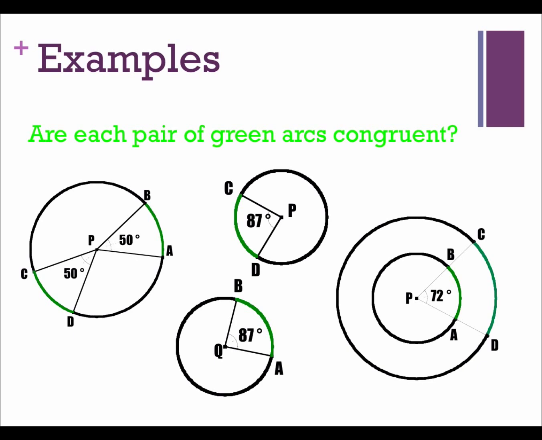This is a little bit subtle. These arcs in the middle could be congruent, but we don't know that because we don't know the comparison between the circles. In the picture all the way on the right, it's obvious that these arcs are not congruent because those circles are not congruent. They have different radii. What kind of circles are those to the right? Concentric, correct. Concentric, sharing the same center, different radius.